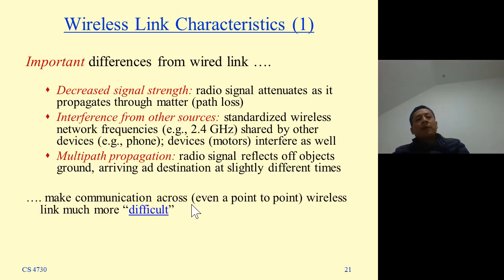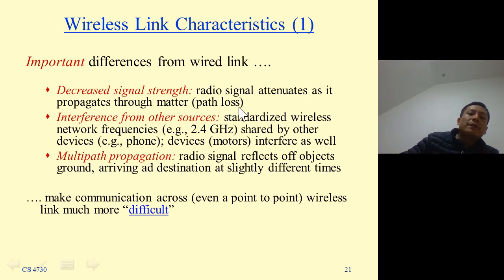So usually the biggest difference between wireless link and the wired link is that in wired link the voltage is kind of constant, right? But in radio, it means that radio signals can go down or decrease significantly if this is propagated further, which is also called path loss.